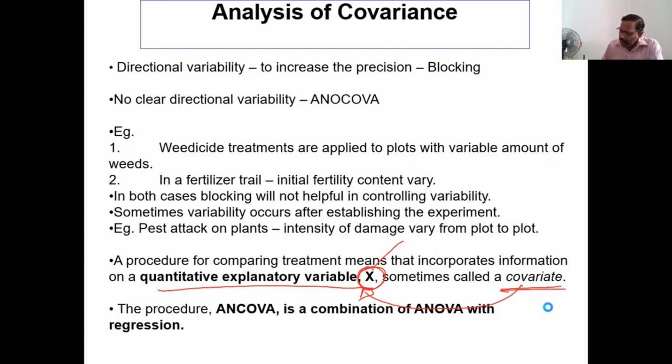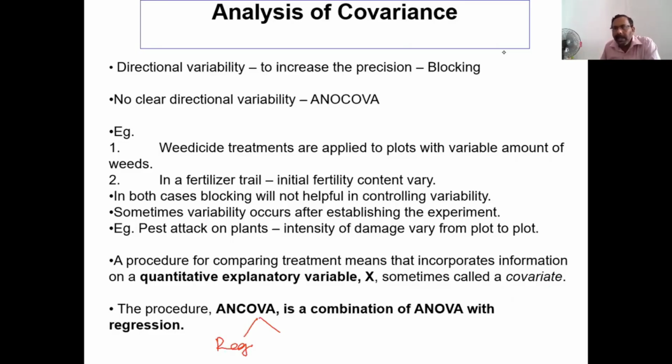So the procedure of ANCOVA is a combination of ANOVA with regression. This is the most important part. You have already learned the combination of two aspects. One is regression. You can recall the regression. Study regression and come back tomorrow with some knowledge, I will ask.